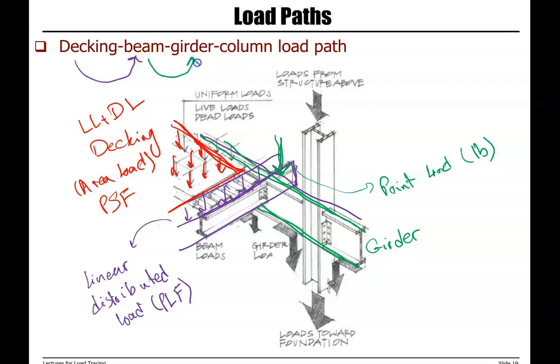So beam to girder, and then our girder is connected to the column. So here we will have another point load in pounds.